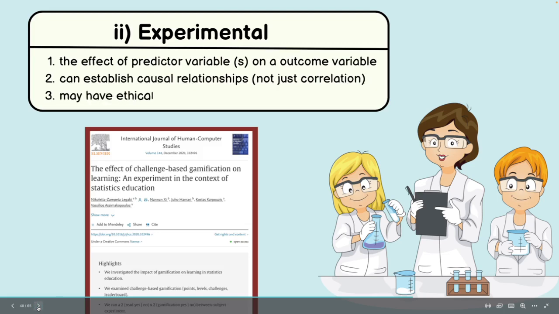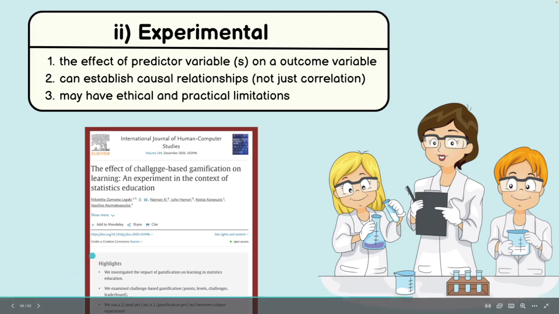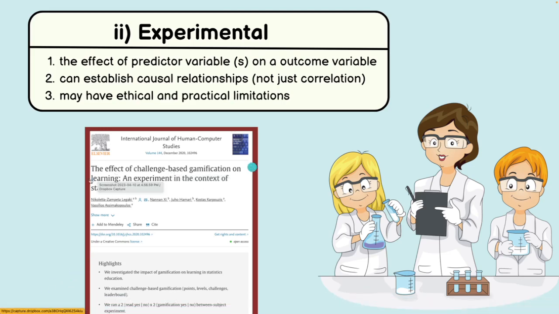Then we have the experimental study. And as the term implies, you're actually performing an experiment where you have controls and you have treatment. In this study, they're trying to understand the effect of challenge-based gamification in learning.